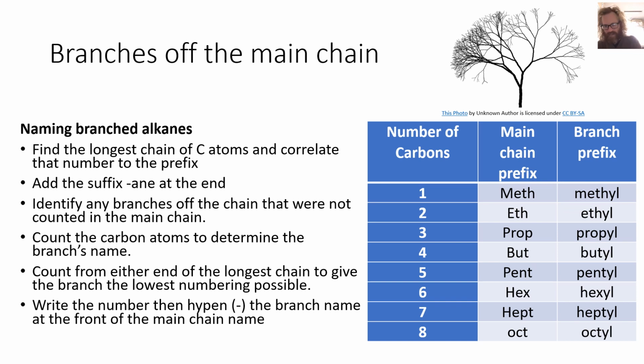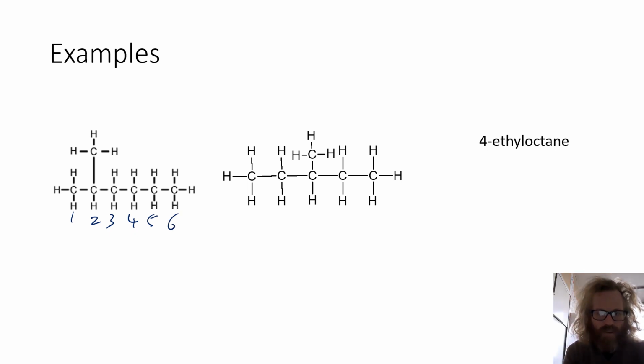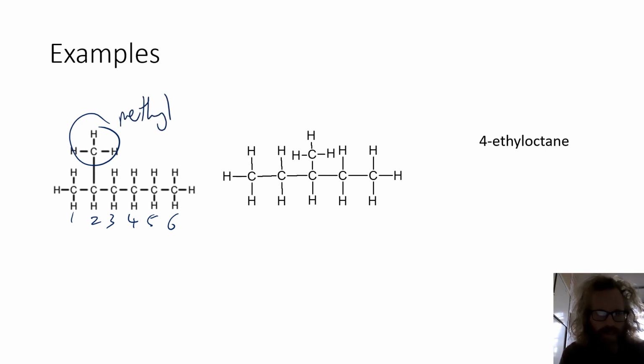So let's see what this looks like in an example. So here we've got 1, 2, 3, 4, 5, 6 carbons, okay? And then we've got this group here, and it's a 1 carbon group, so it's a methyl. And so we've got 6, so we've got hexane, and I know it's a methyl group coming off there.